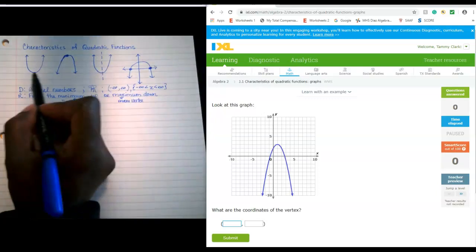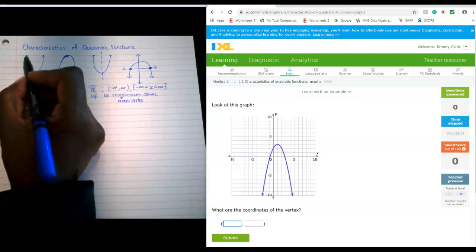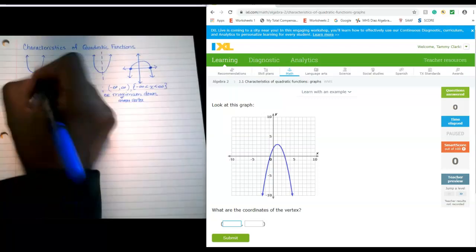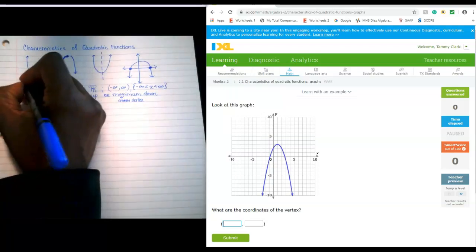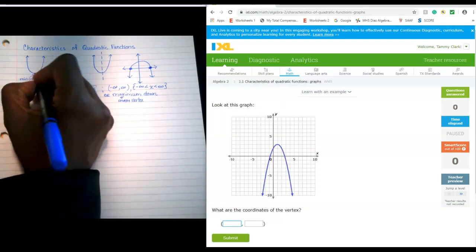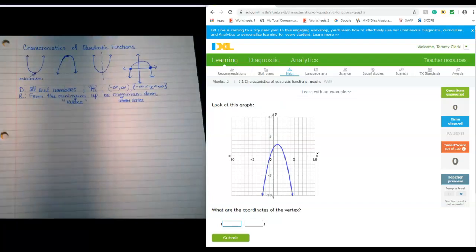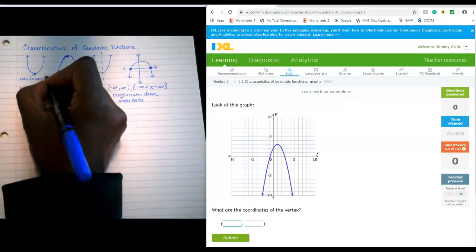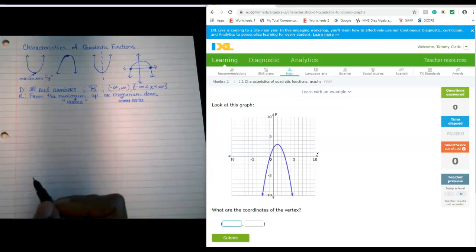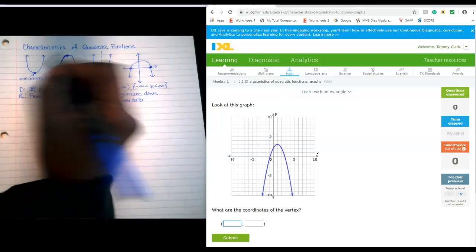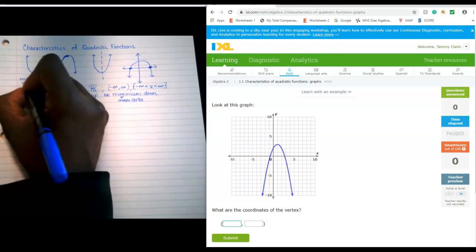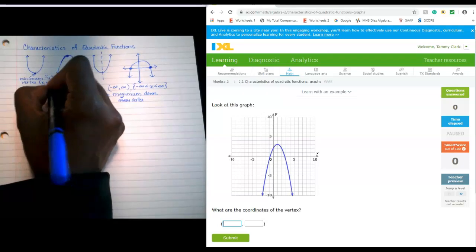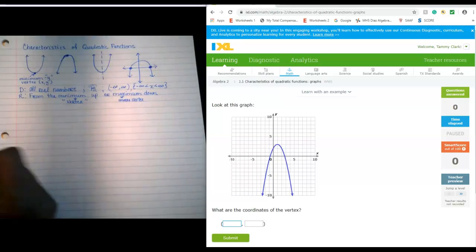So let's look at my first little picture here. When we have a point at the bottom of a quadratic function, this is called the minimum. So if we're asked for the minimum value, we would name the y portion of the ordered pair. We could also say this is the vertex when we name the x and the y of the minimum.